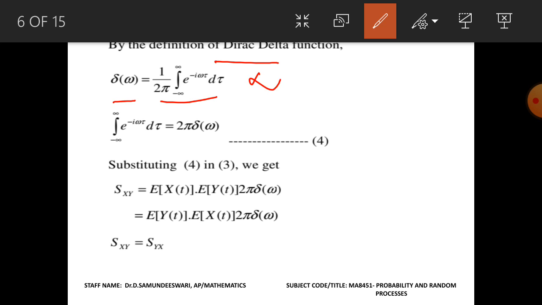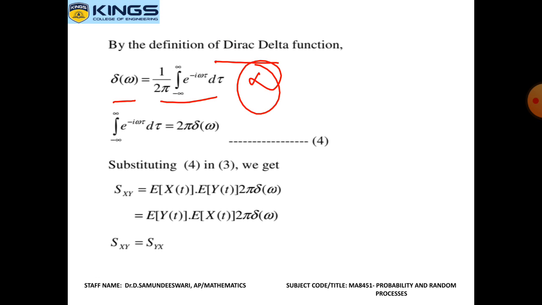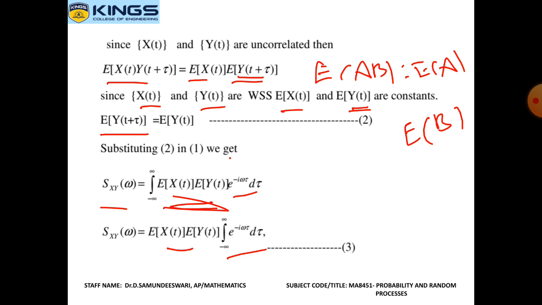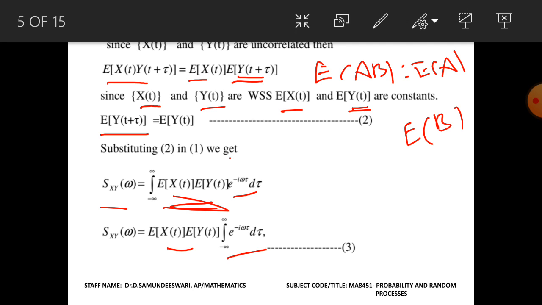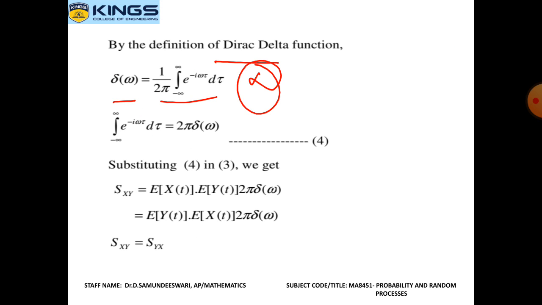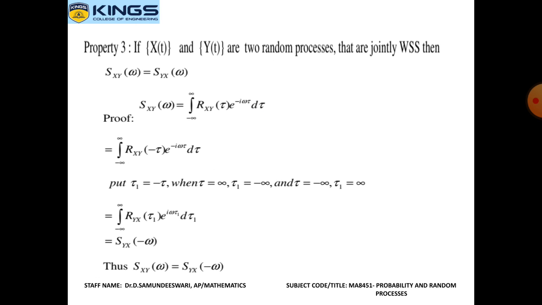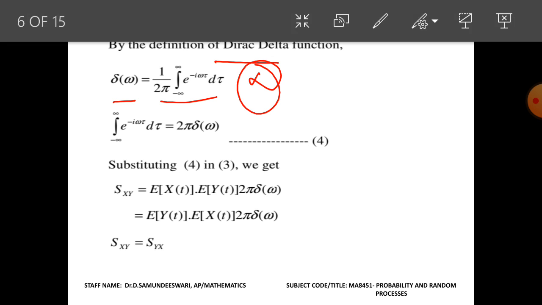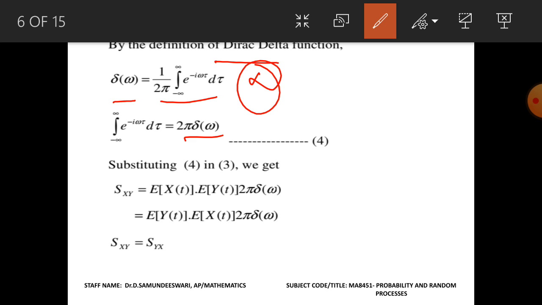I am going to use this result in the previous equation, that is Sxy of omega. So here I need the value of the integral from minus infinity to plus infinity of e power minus i omega tau d tau. What is that value? It is nothing but 2 pi into delta of omega, right or not? 2 pi into delta of omega. Now I am going to substitute that here.